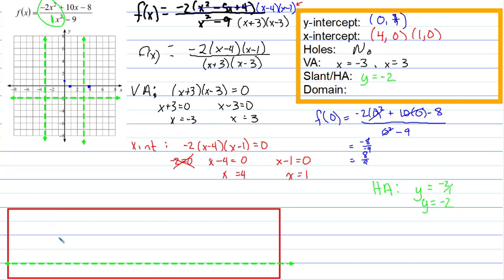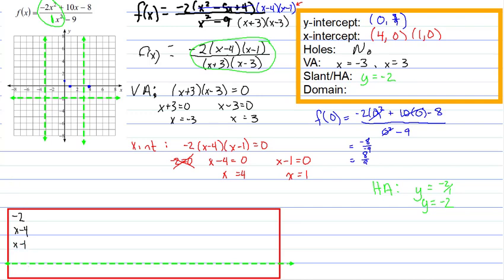So let's find our key features. These are all my components that come into play for determining my sign. And so negative 2, x minus 4, x minus 1.